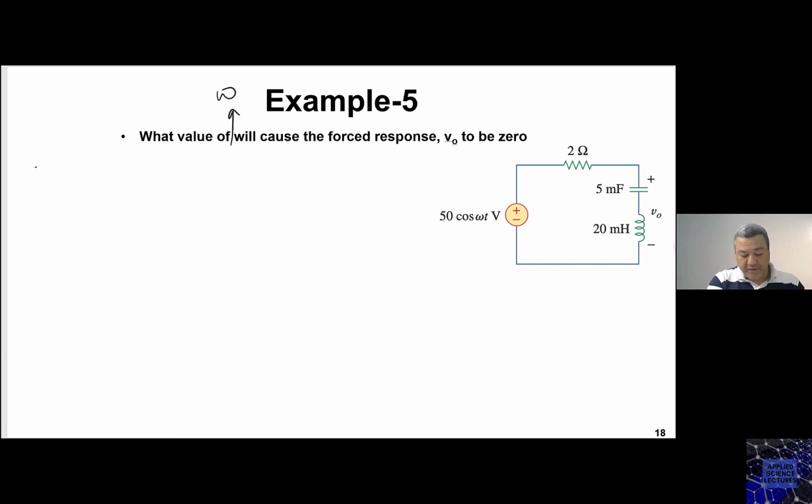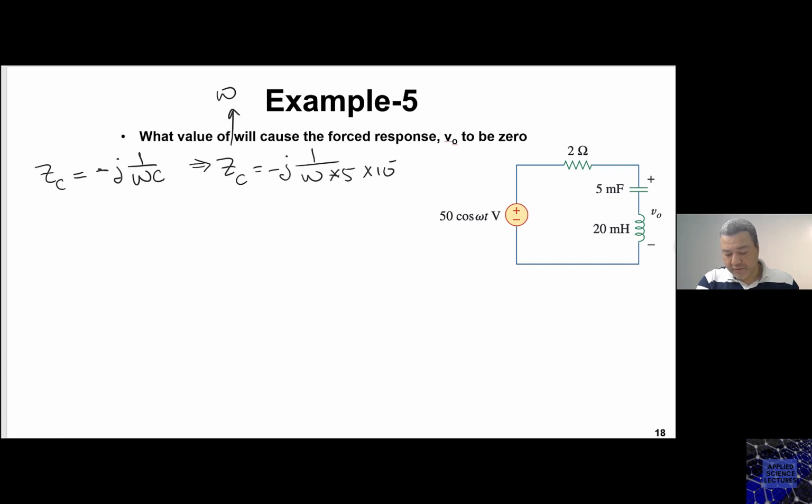So we have here ZC is minus J 1 over omega C. We don't know omega, but we know C, which is 5 milli, right?